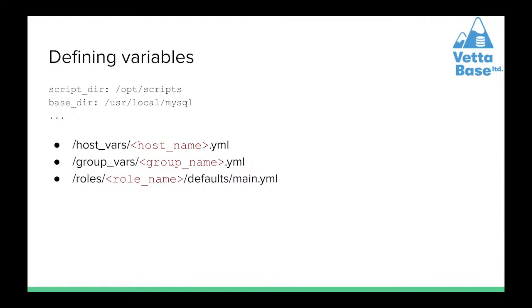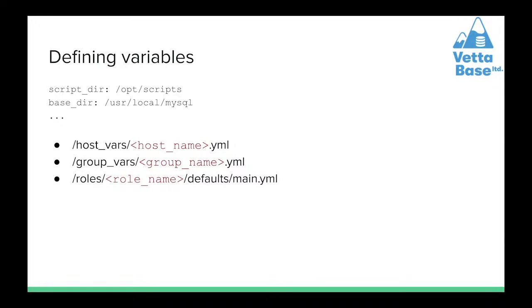Okay, so how to define variables? Well, first of all, here you can see the syntax, which is again YAML, and there are several places to define variables. The most common choices are the ones listed here. So they can be listed in the host_vars directory. The name of the file should correspond to a host name and should have the extension .yml.